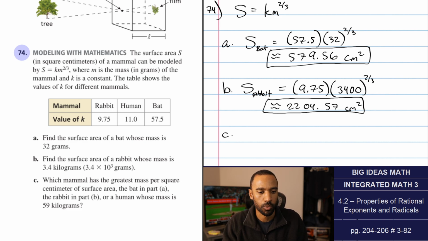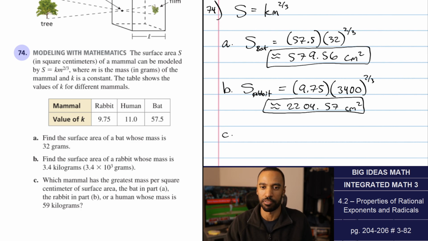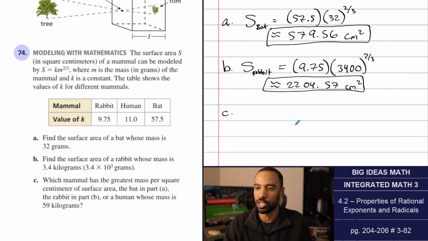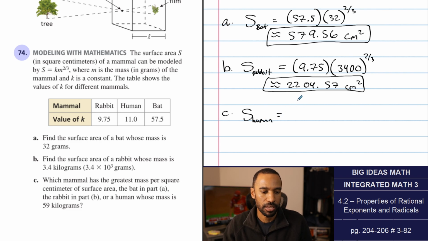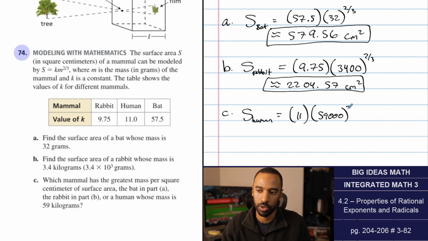Part C, which mammal has the greatest mass per square centimeter of surface area, the bat or the rabbit, or a human whose mass is 59 kilograms? Well, let's start with the human. 59 kilograms is 59,000 grams, and 11 is their constant. We're going to the 2/3 power.